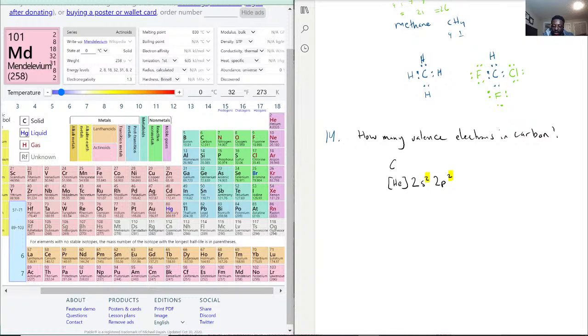That's how you can tell how many valence electrons carbon has. That's 4, because they're both in the second shell. And as we discussed earlier, the s and p shells don't have much of an energy level difference, which is why they can be counted together. Hence why carbon has 4 valence electrons.